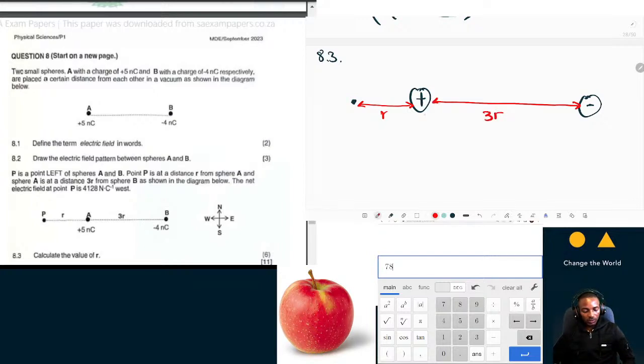Let me put A here and B here, then P there.